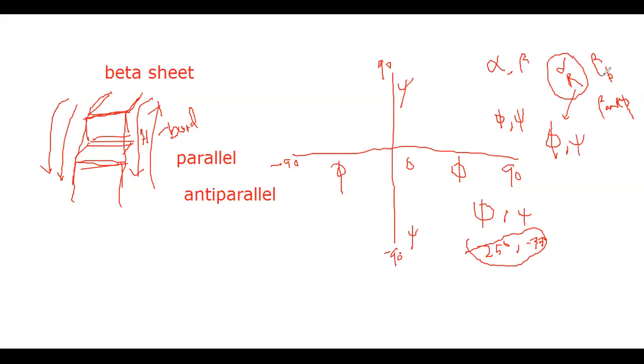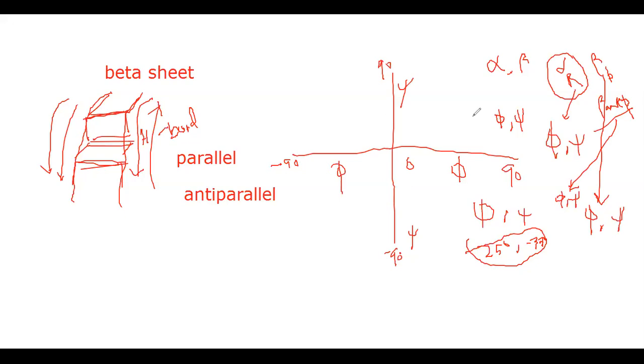If it is a parallel beta sheet, it has specific phi and psi. If it is an anti-parallel beta sheet, it also has specific phi and psi. In this four-quadrant plot, we have plus 90 to minus 90 variation on the y-axis as well.